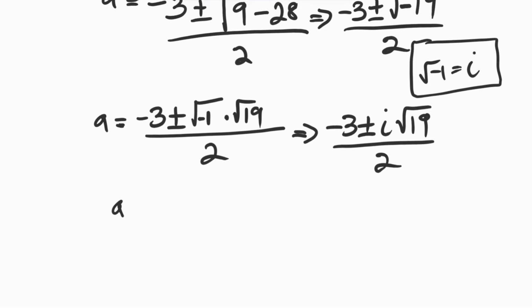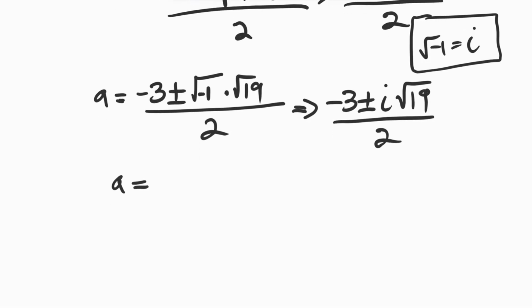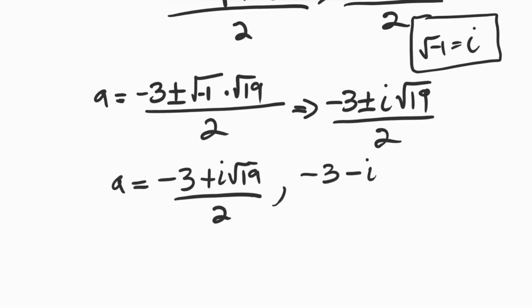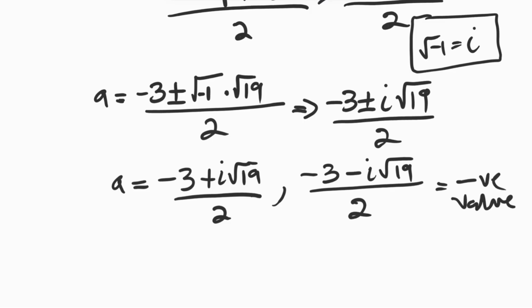Now we have a is equal to minus 3 plus i root 19 divided by 2, and we also have minus 3 minus i root 19 divided by 2. Now both answers here will end up with a negative value, okay? So there are no real numbers here.